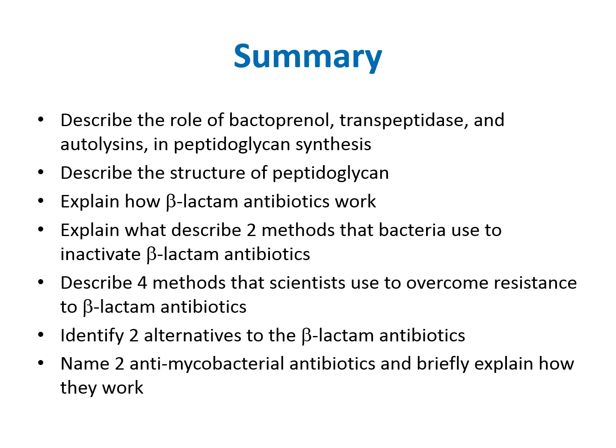We also talked about how beta-lactam antibiotics bind transpeptidase, which is also, by the way, sometimes called penicillin binding protein. So the beta-lactams bind transpeptidase and inactivate it so that it can't cross-link NAM molecules. We described 2 methods that bacteria use to inactivate beta-lactam antibiotics.